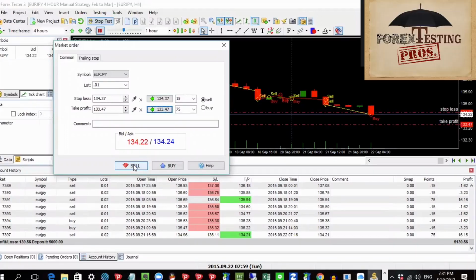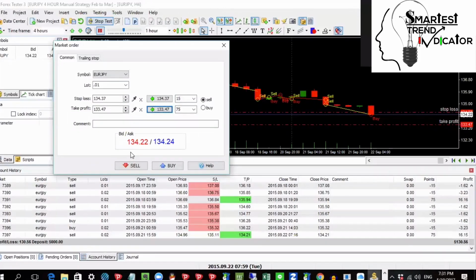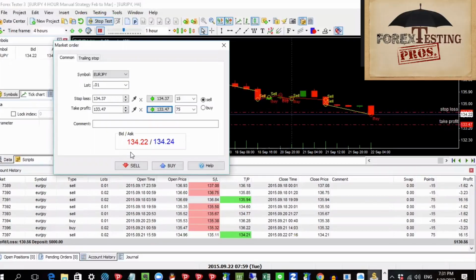different variations. So this 75 take profit, 15 stop loss is one variation. I tested 60 take profit, 10 stop loss; 20 take profit, 20 stop loss; 100 take profit, 15 stop loss; 100 take profit, 10 stop loss; 120 take profit, 20 stop loss; 120 take profit, 15 stop loss; 120 take profit, 10 stop loss; 150 take profit, 20 stop loss; 150 take profit, 15 stop loss; and 150 take profit, 10 stop loss.